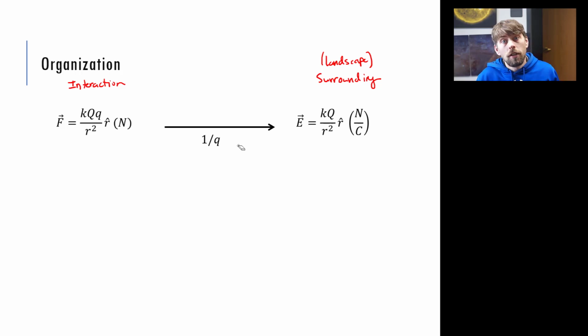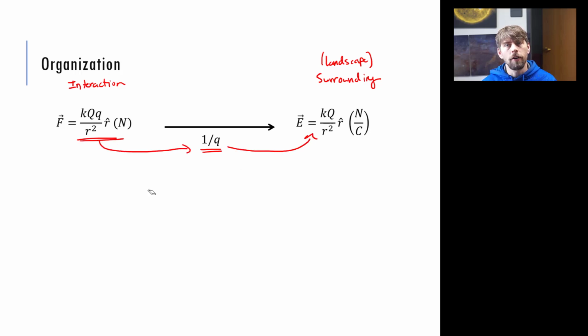Notice the units of the electric field are newtons per coulomb, so a force per unit charge. If I have the total Coulomb force, I can find the magnitude of the electric field by dividing out the charge of my system. So if I take this expression and multiply by 1 over q, I arrive at the value of the electric field for the field point that I'm considering.